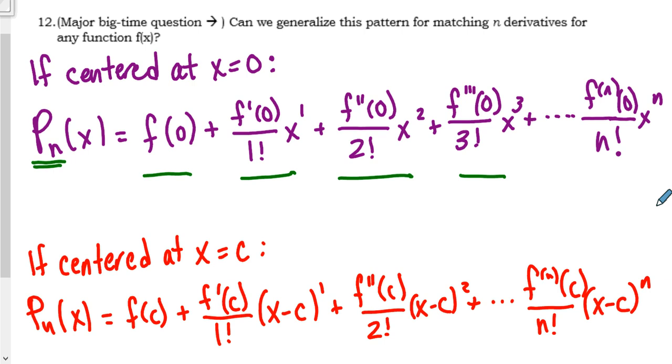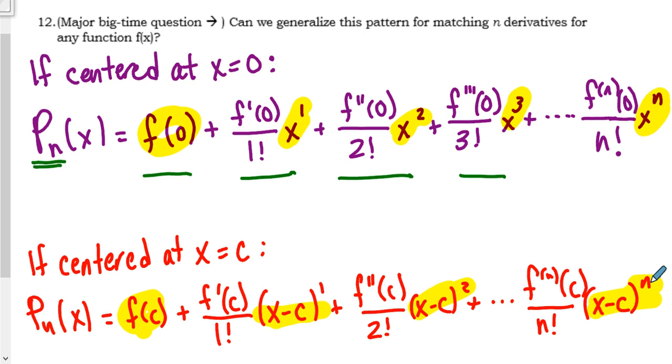If you center your polynomial around some other location, so like the point of tangency for the tangent line was somewhere other than 0, like at 2, then the structure is actually the same, but different, of course. So like this, it's just based at c instead of at 0. And then over here, you see that there's this part that changes. It's kind of like a transformation. You're taking this and moving it over c units because it's based off of c, okay?